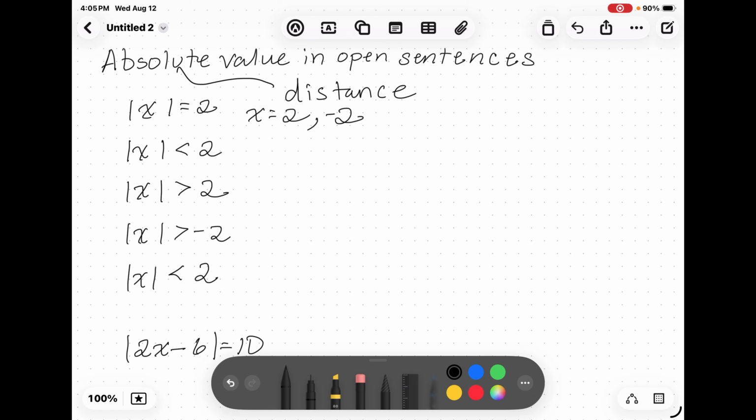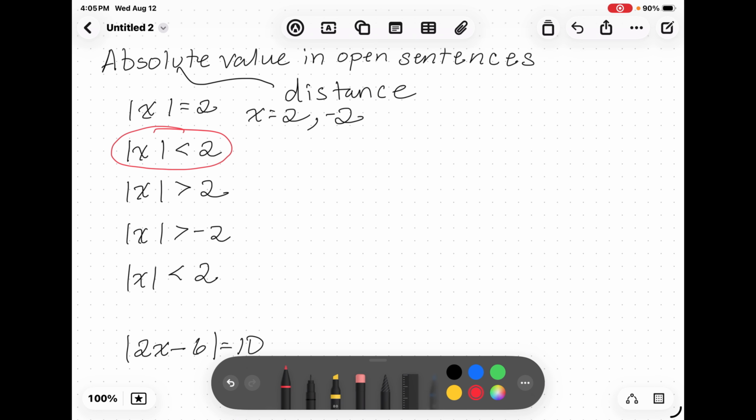Let's look at the second one, and continue to look at the logic of it, and then we'll look at it more procedurally in a moment. Think about this. Absolute value of x is less than 2. Now, x can be any numerical value, right?